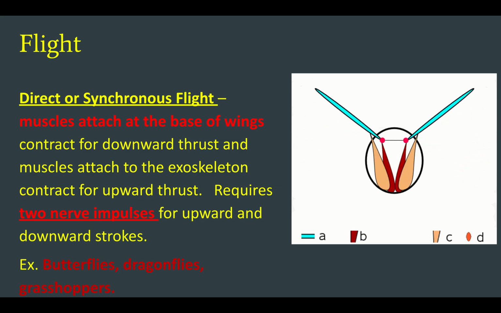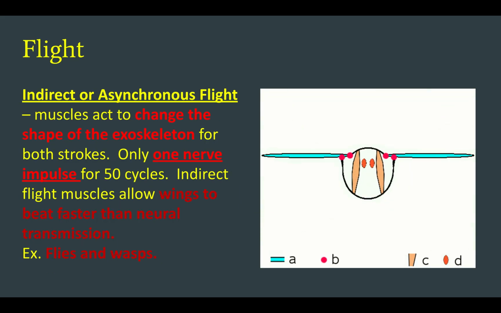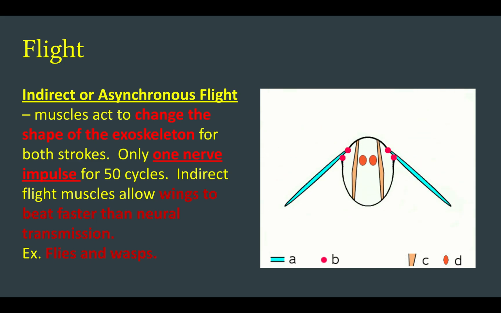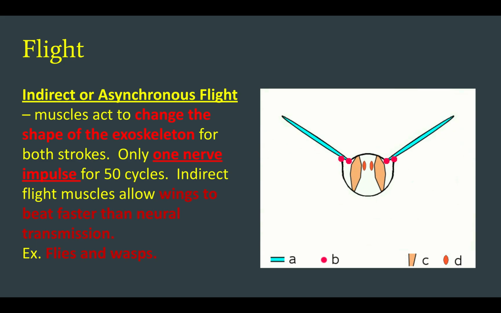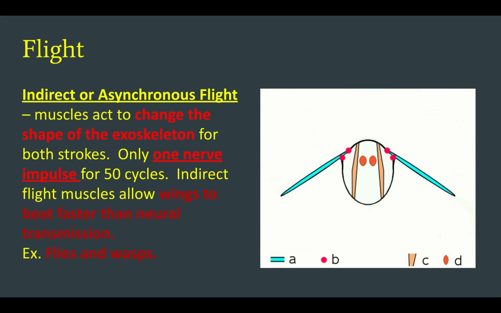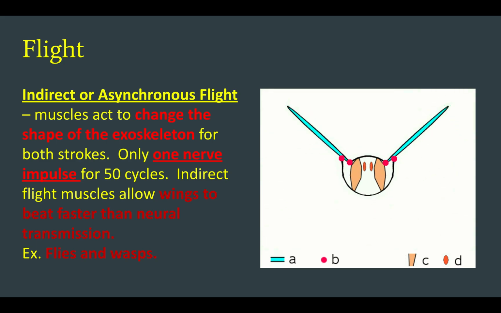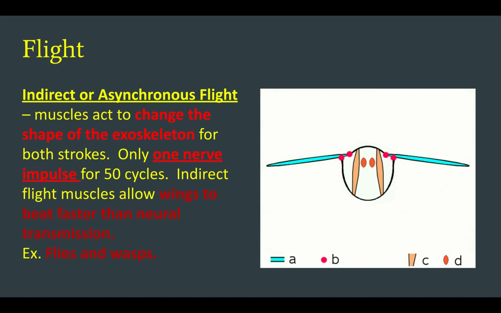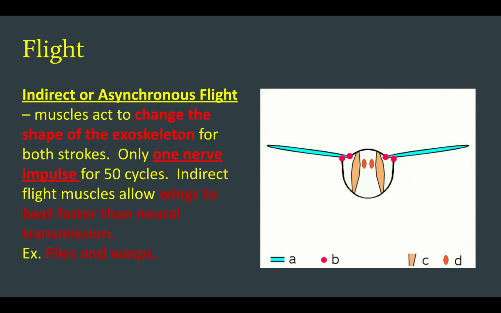Our next type of flight, if you check this out, is called indirect or asynchronous flight. Just take a second. Can you see what's happening here? First of all, can everybody see the muscles are not connected to the wings?